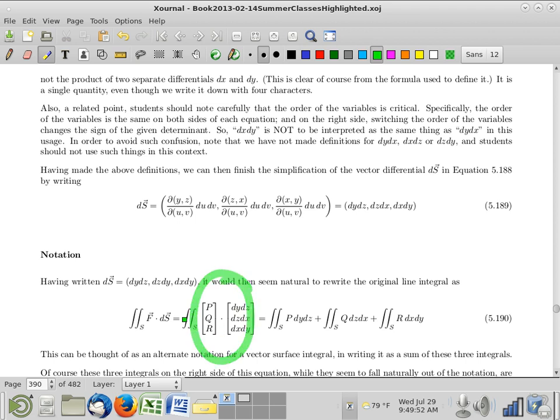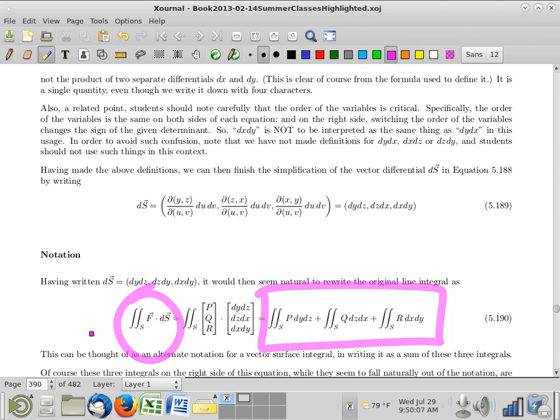So I can crank out that dot product. And in a very analogous fashion to what we saw for vector line integrals, we have here an alternative notation for vector surface integrals. Does everybody see the analogy? If only in terms of how it lays out on the page, it's worked out very similarly to vector line integrals.